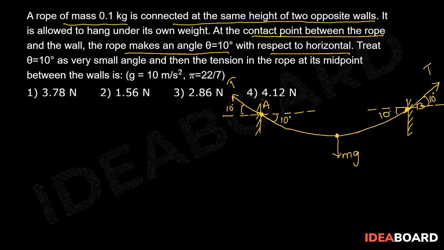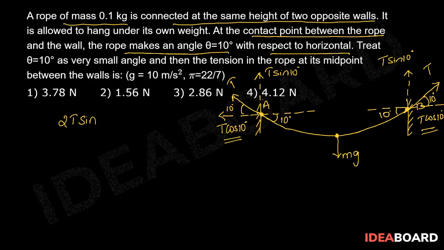Now tension gets resolved into two components as T cos 10 degrees and T sin 10 degrees. T cos 10 degrees will cancel out each other, and 2T sin 10 degrees balances the weight of the rope.